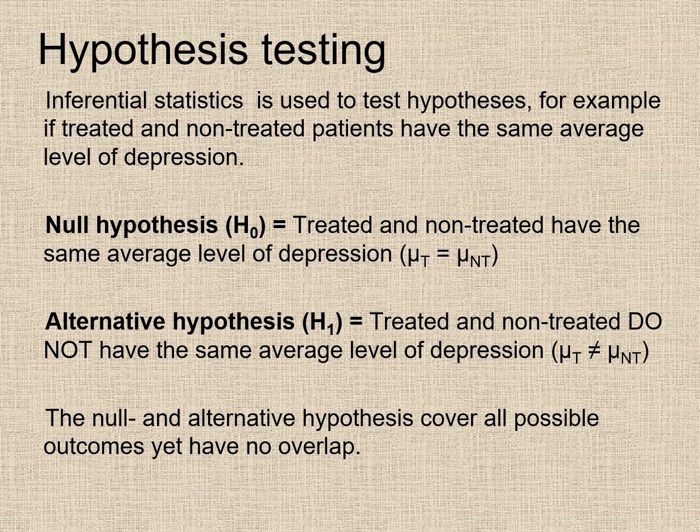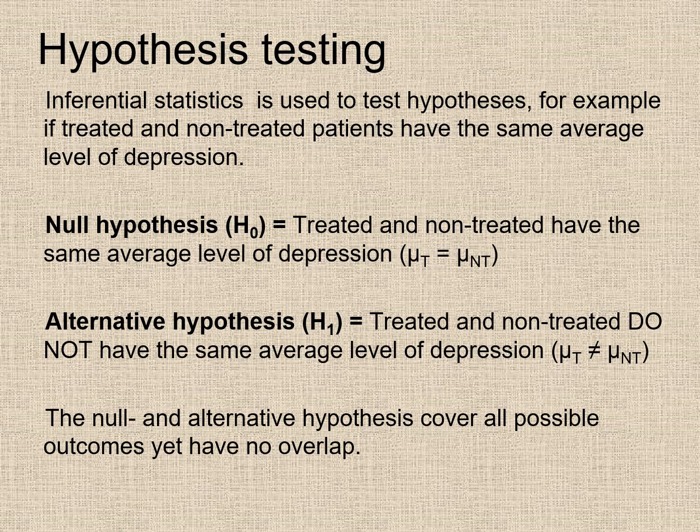So if we're testing if there's a difference in mean between groups, then the alternative hypothesis is that there is a difference in means between the groups. If you are testing correlations between two variables X and Y, then the alternative hypothesis claims that there is a correlation between the two variables X and Y. If we're testing if A has an effect on B, then the alternative hypothesis is that A has an effect on B, and so on.